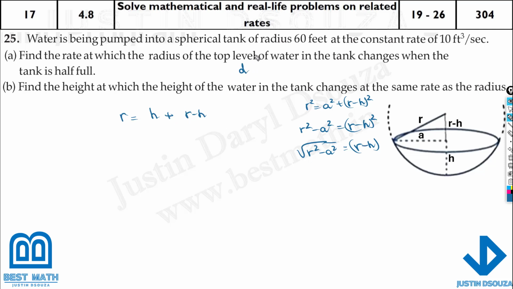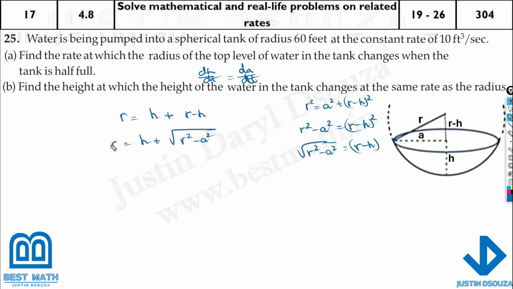Because we need dA by dt that is equal to dH by dt. So that is the condition given over here. Now then what I'll do is R is equal to H plus square root R square minus A squared.